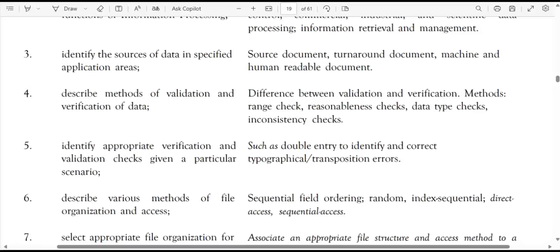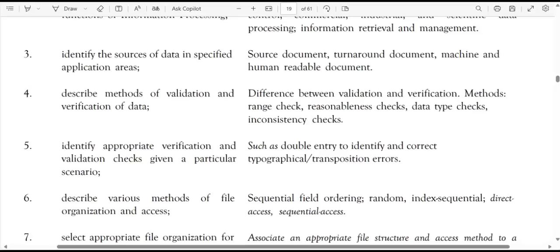These check that numeric data falls within a specific range. Example, age entered must be between 0 and 120. A temperature reading must be between 50 degrees Celsius and negative 50 degrees Celsius.